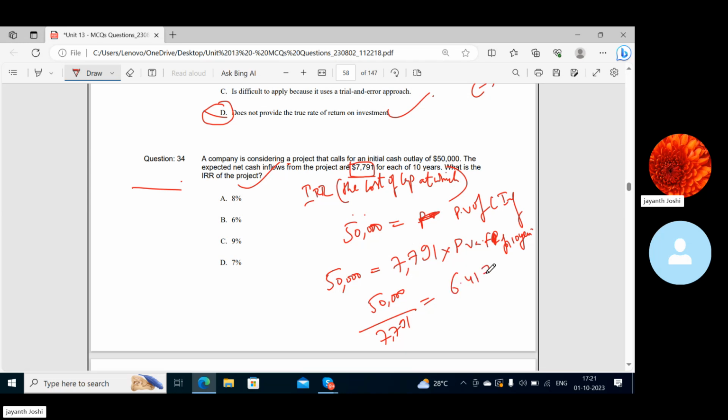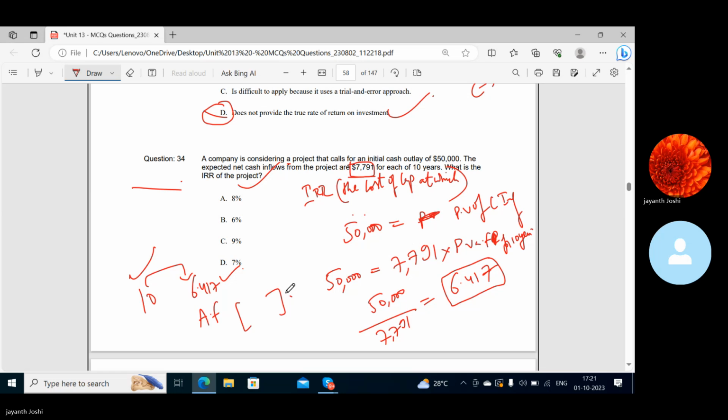6.417. Okay. So now you have to go to the annuity table, which is there in your textbook backside. For 10 years, 6.417 lies at what discount rate? If you can tell me, I'll put the answer. At what discount rate does the annuity factor of 6.417 lie for a period of 10 years? 7% and 8%. 7 and 8. 10 years.